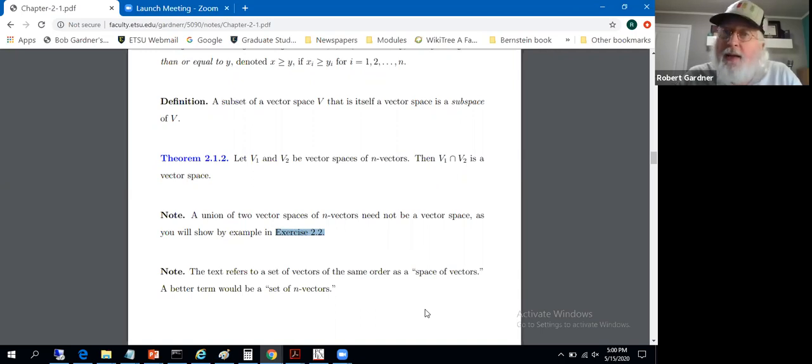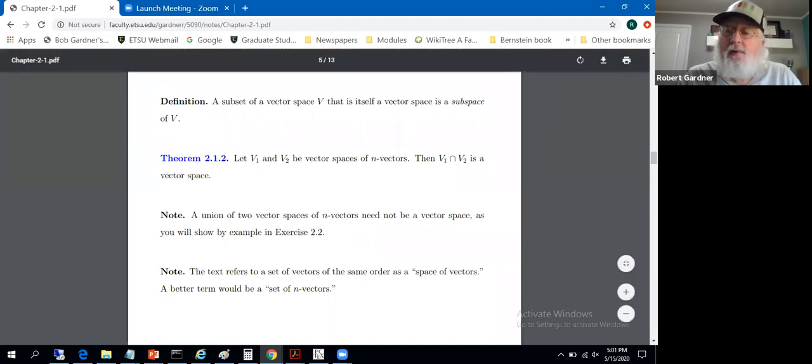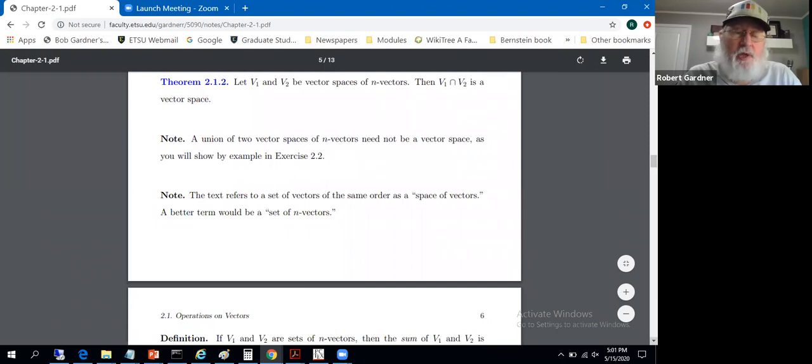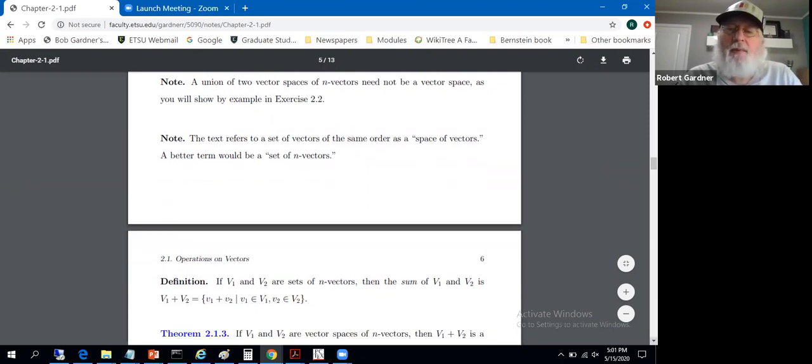Those orthogonal complements we were talking about earlier would work fine to give an example of two vector spaces, the union of which is not itself a vector space. You'd lose closure in the union under addition if I took orthogonal complements. I leave it to you to sort out the details. But like orthogonal complements, there's geometry there.